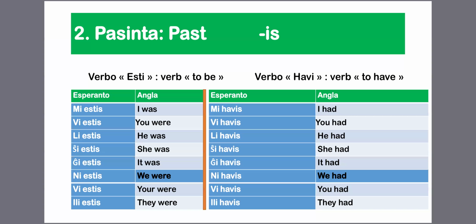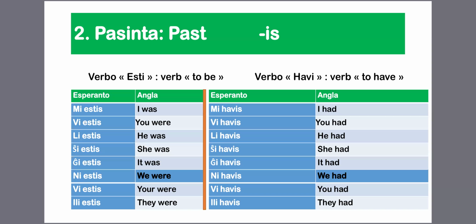Ili estis, they were. So you can see that Esperanto is very easy. You only take your verb and you add IS at the end. So you do it all the same with the personal pronouns, and nothing will change. Only the meaning is going to change based on the personal pronoun that you are using.